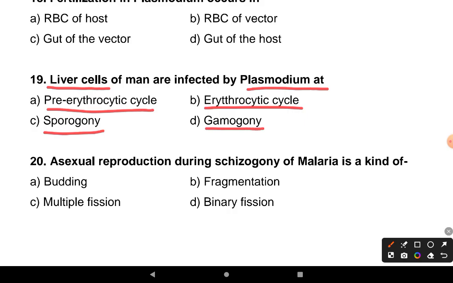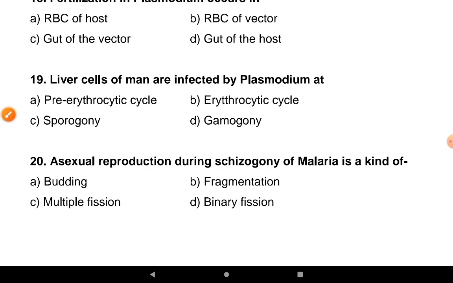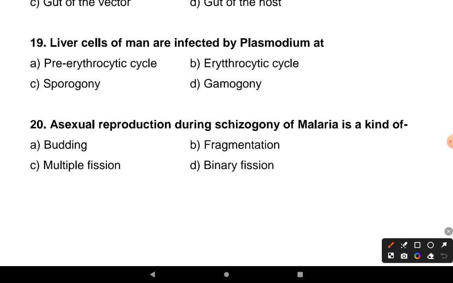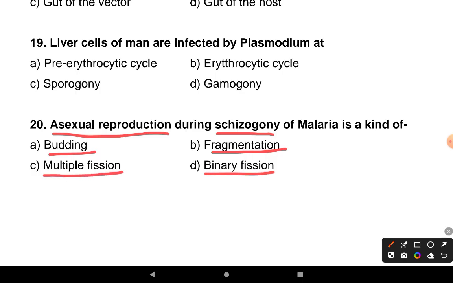Our correct answer is option A. Liver cells of human are infected by Plasmodium at pre-erythrocytic cycle. Our next question is: asexual reproduction during schizogony of malaria is a kind of budding, fragmentation, multiple fission, binary fission. Our correct answer is option C. Asexual reproduction during schizogony of malaria is a kind of multiple fission.